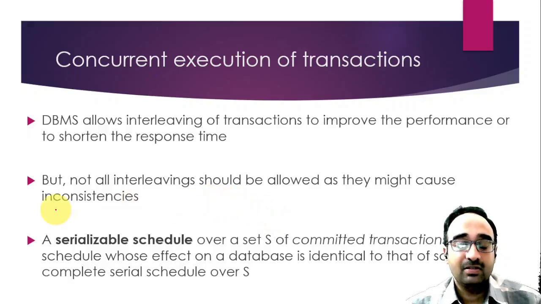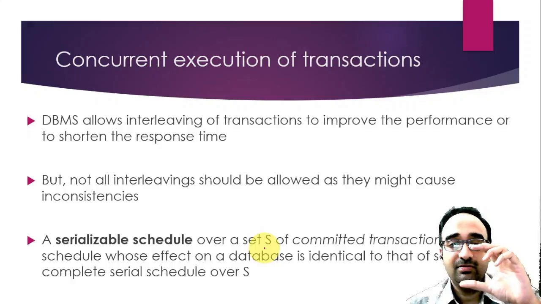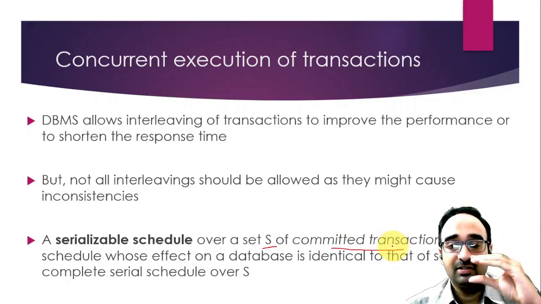Now, because of this interleaving of transactions, some inconsistencies might be formed. We will see what these inconsistencies are in a few minutes. Before that, let's discuss what a serializable schedule is. This is very important, please focus. A serializable schedule is defined like this: take a schedule S which has some committed transactions, that means after every transaction the last operation is commit.